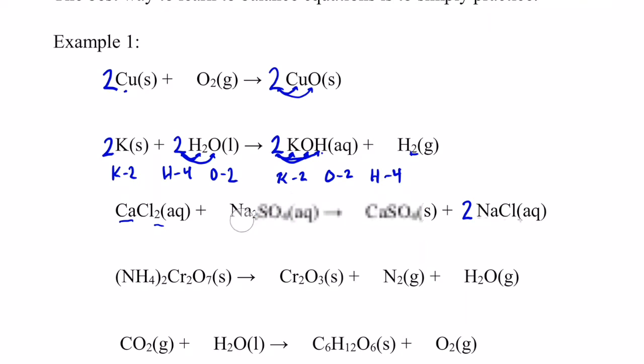And let's see if this equation now balances by me simply putting this 2 in front of NaCl. 1 calcium, 1 calcium. 2 chlorines, 2 chlorines. 2 sodiums, 2 sodiums. And a sulfate on both sides. Yeah, so that equation balances by simply putting this 2 in front of NaCl.